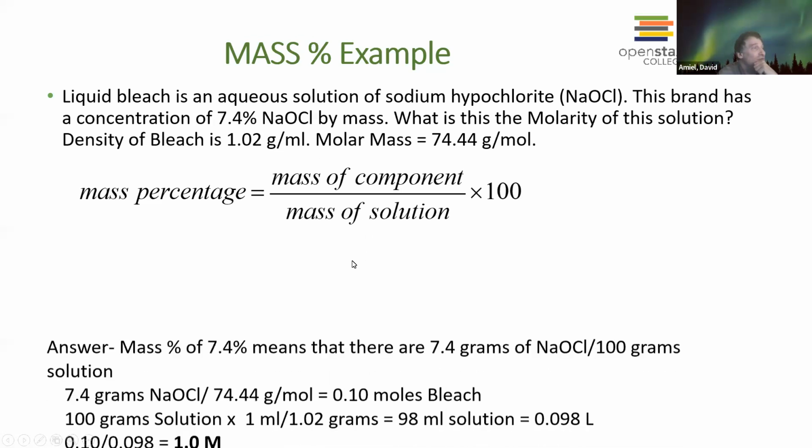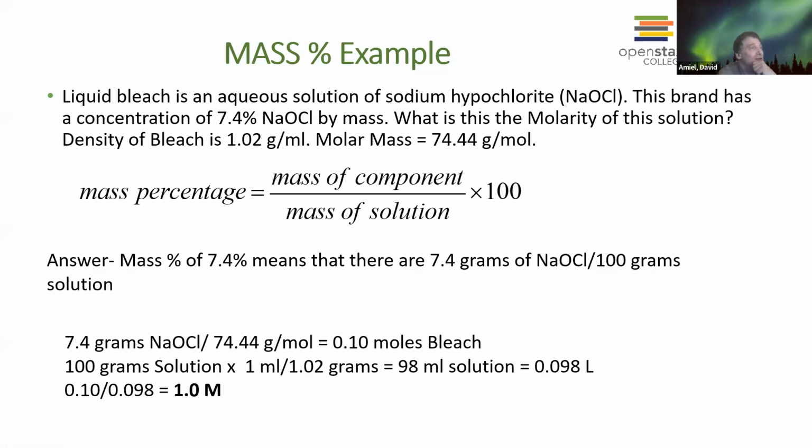You would write down the formula first and recognize that mass percentage means that there are 7.4 grams of sodium hypochlorite for every 100 grams of solution, and that this is a conversion factor that allows you to determine the number of grams of sodium hypochlorite.